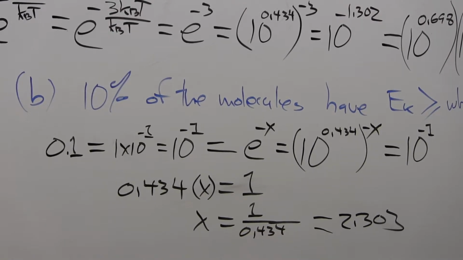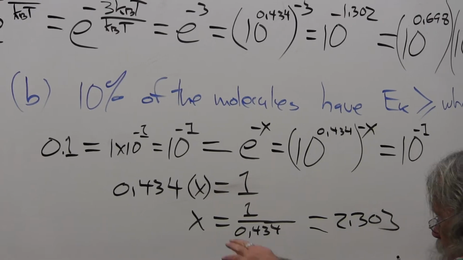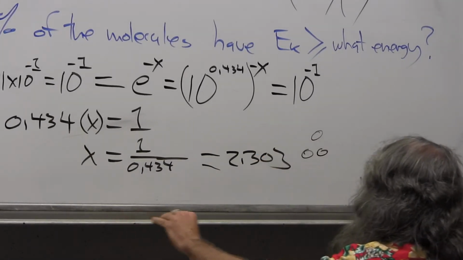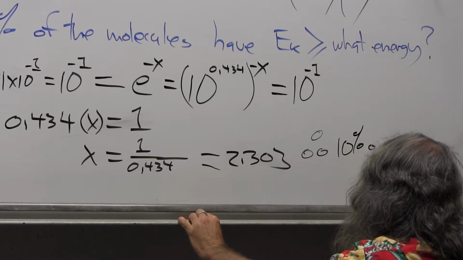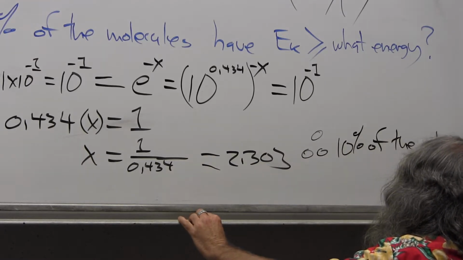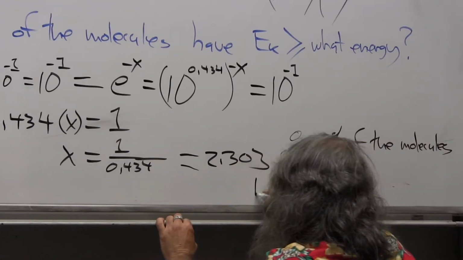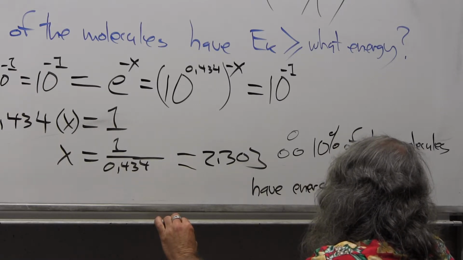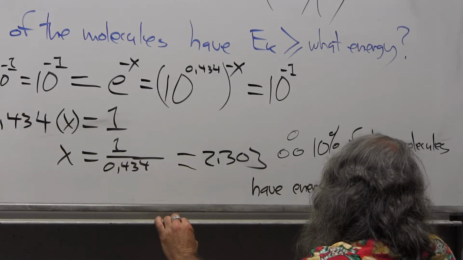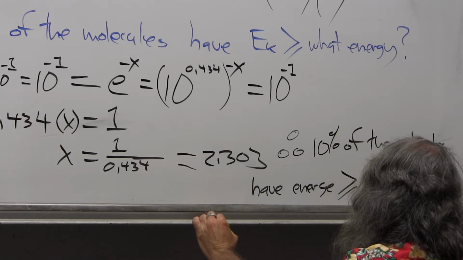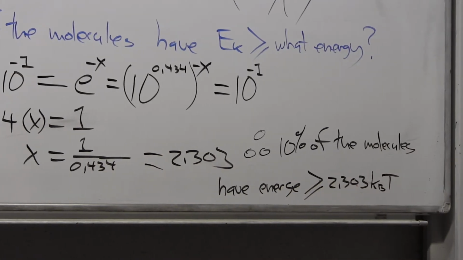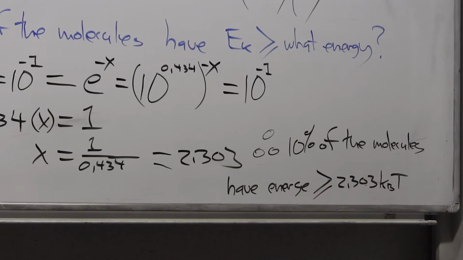So that means that 10% of the molecules have energy greater than or equal to 2.303 k B T. So we're always going to express these in terms of k B T. We just solve for that.